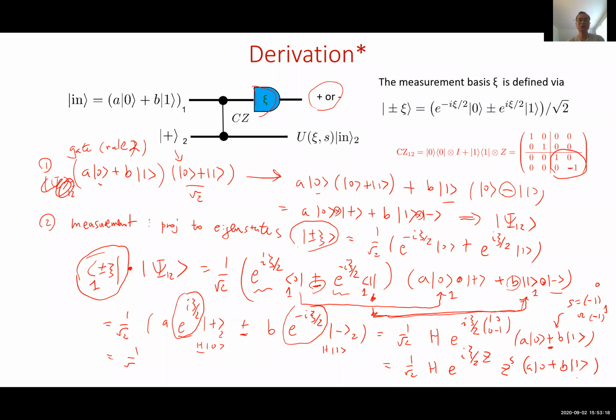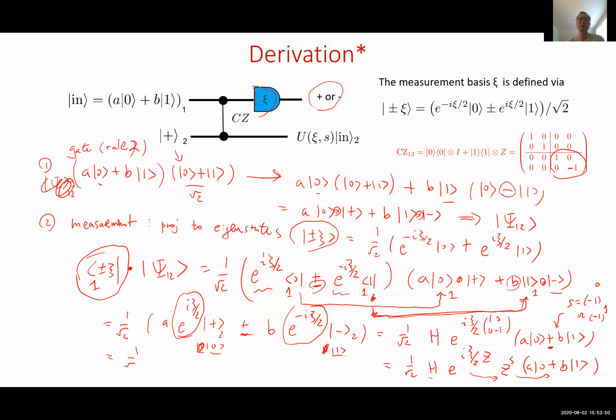Yeah, it's correct. I want to get the phase first, and then I correct the basis, right? If you ignore the basis, this is 0, this is like 1. You can correct the basis later. If you have Hadamard first, then the z is not the z that applies. It would have to be x.